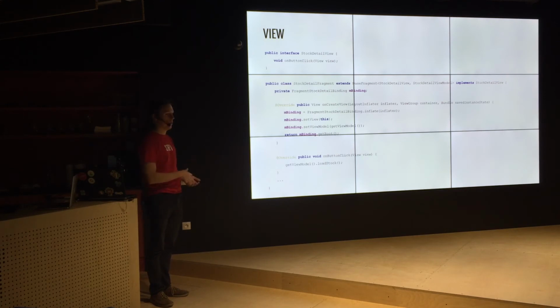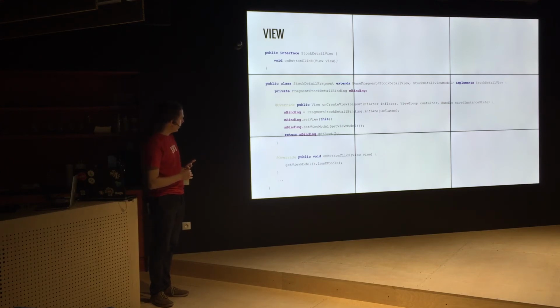But in Android, it's not possible, for example, to show a dialog in XML. So that's why I need this interface, because I need to inform my view that I want to show some dialog, for example. It's not possible to implement it via XML.